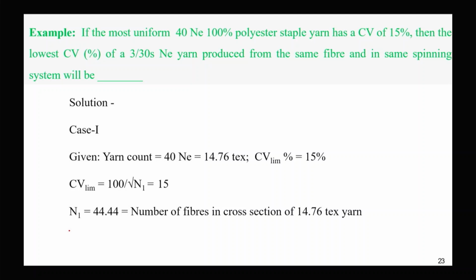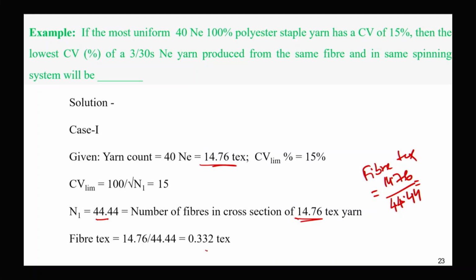And this number of fibers are in the cross section of 14.76 tex. 14.76 we have got as the yarn tex. So tex of fiber will be the tex of yarn 14.76 divided by total number of fibers 44.44. So that we can get 0.332 tex.